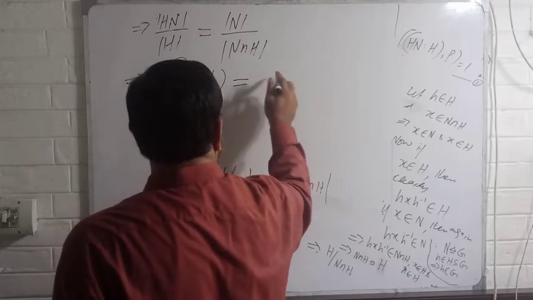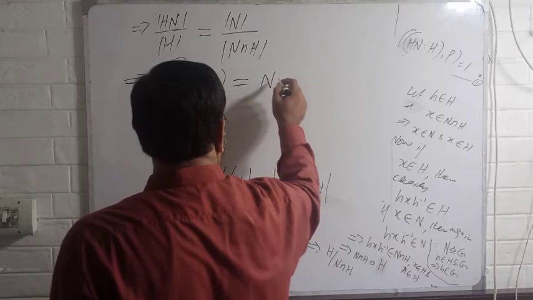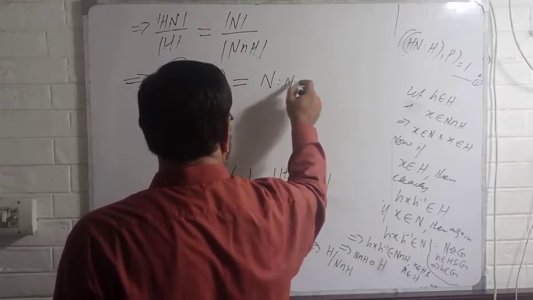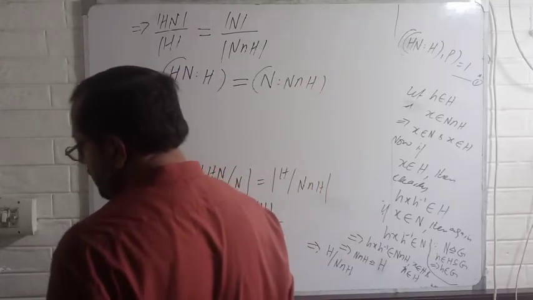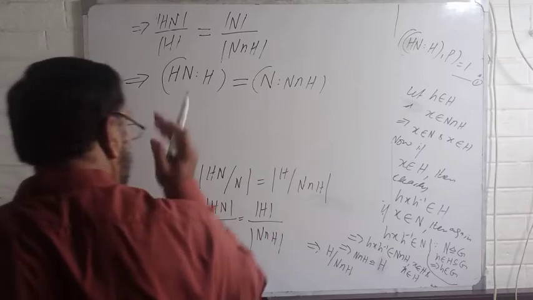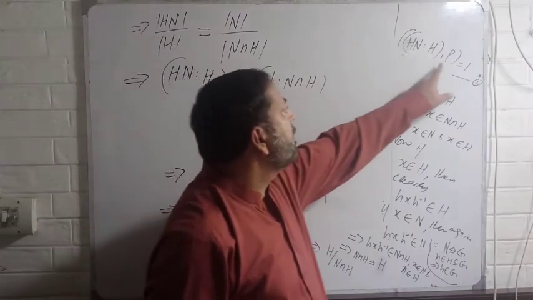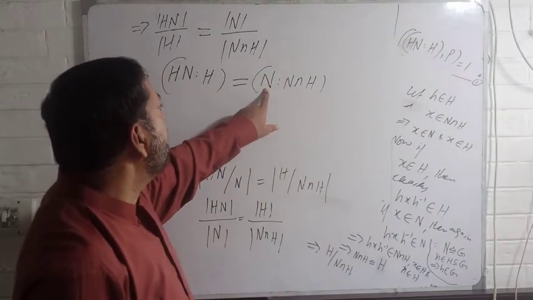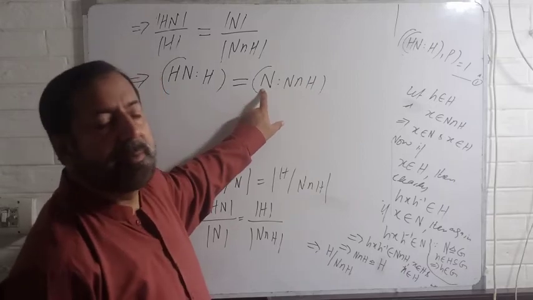This is equal to the index of N intersection H in N. Okay, now you are given that the index of H in HN is prime to P, so that's why, being equal, the index of N intersection H in N is also prime to P.